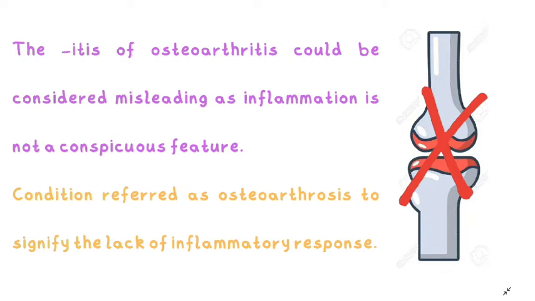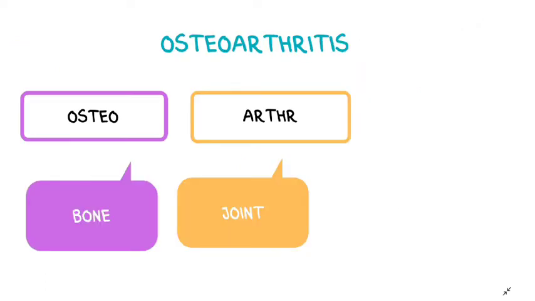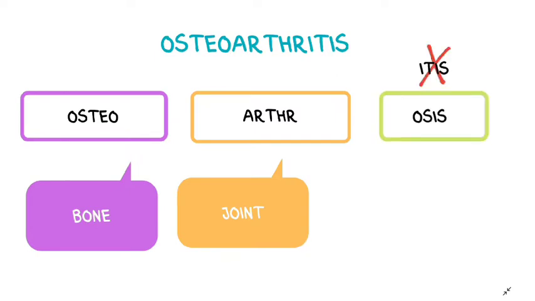Some clinicians refer to this condition as osteoarthrosis to signify the lack of inflammatory response, so it could be osteo, arth, and osis, that means abnormal condition, instead of itis due to absence of inflammation.